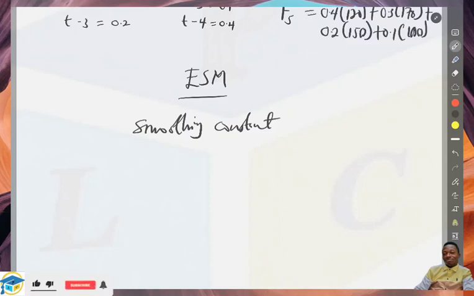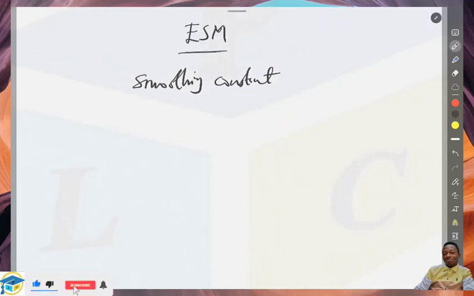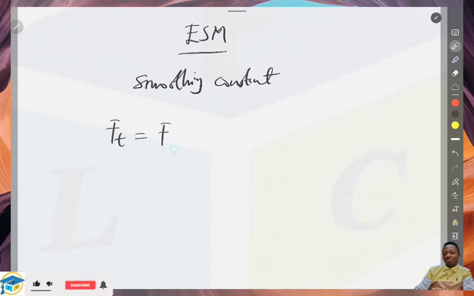So under the exponential smoothing model, we have a formula. We have Ft to be equal to the forecast for the previous period, plus the exponential smoothing constant, most of the time we use alpha to represent that, multiplied by the actual value of the previous period minus the forecast of the previous period.